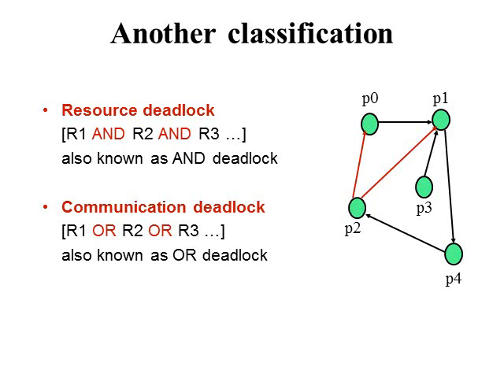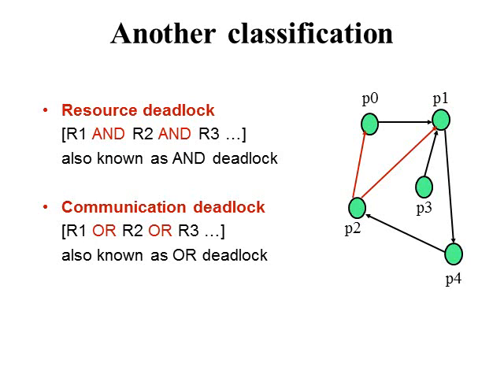The other kind of deadlock is called communication deadlock, when a process is dependent on a set of processes in order to proceed. If any one process in the dependent set gives an OK, the waiting process can proceed.